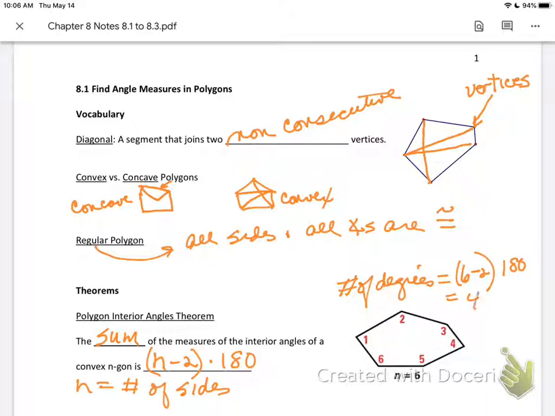So that's 4 times 180, and 4 times 180 gives us the number we need. So go ahead and let's do the math. 4 times 0 is 0. 4 times 8 is 32. Pretend the 2, carry the 3, and 7. So there are 720 degrees inside this polygon. Okay, let's move on to the next page.